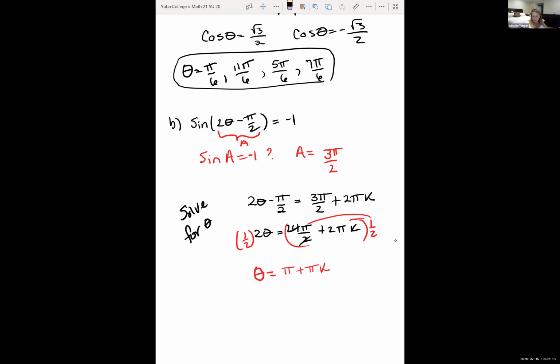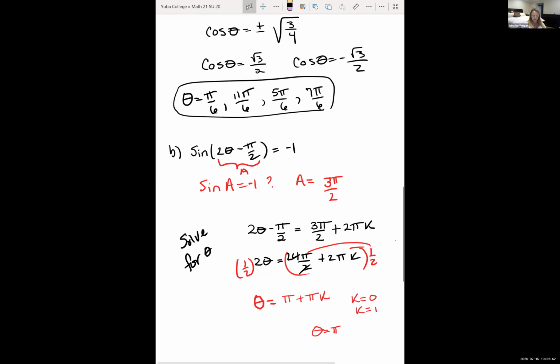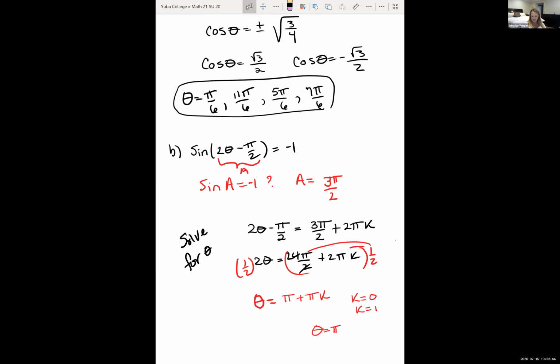So we need to look at values of k. If k was equal to 0, that would tell me then that theta could be pi. If I let k equal 1, that would give me pi plus pi, that's 2 pi, but our problem said between 0 and including 0, but not including 2 pi.